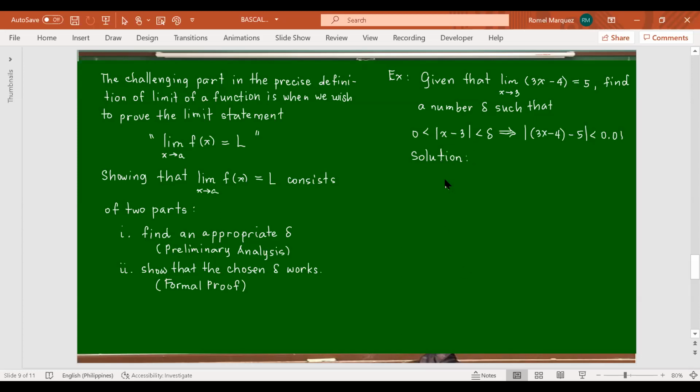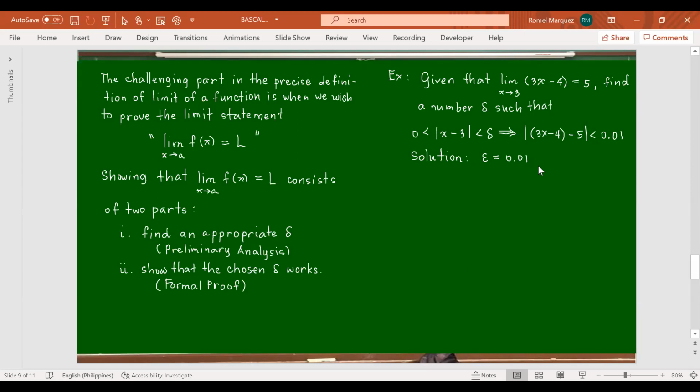So, solution, we have... Okay? So here, we are working on a given value of epsilon. So we're given epsilon is equal to what, guys? 0.01. And we want to find what?